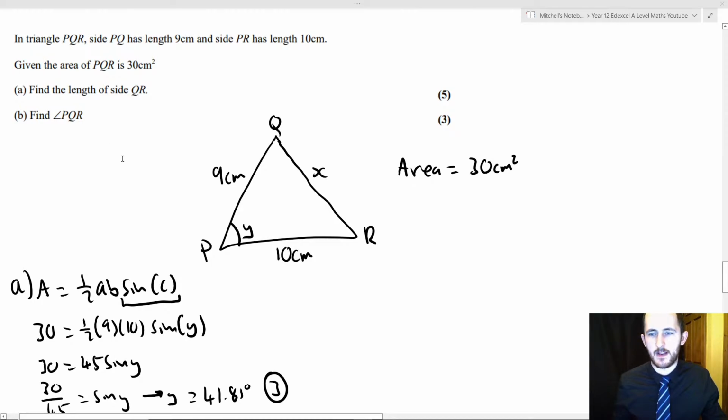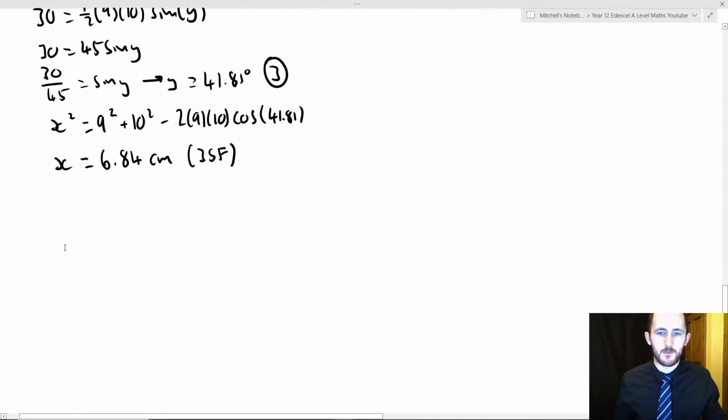Part B just says find the angle of PQR. PQR would be this angle over here, which I'm going to call Z. A bunch of different ways you can work this out. But probably the easiest one is the sine rule.